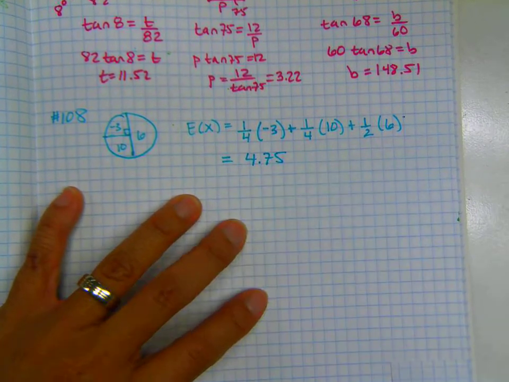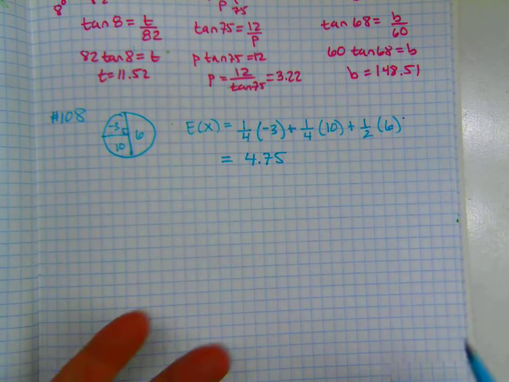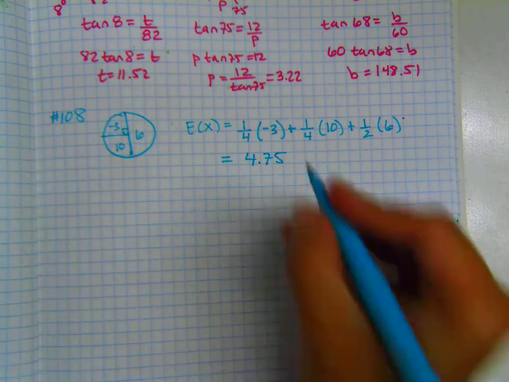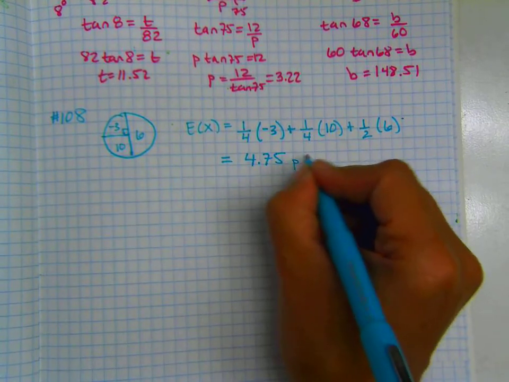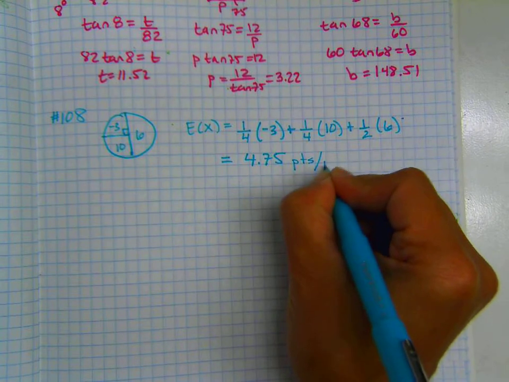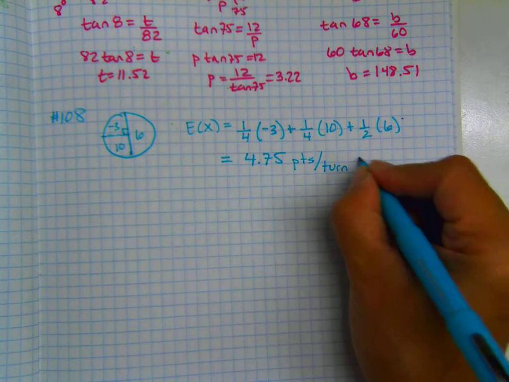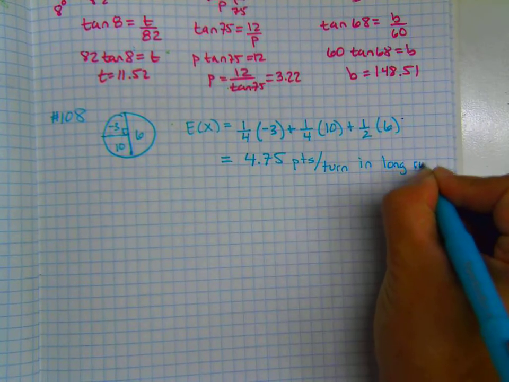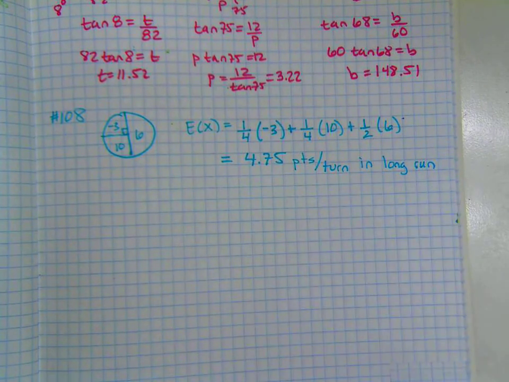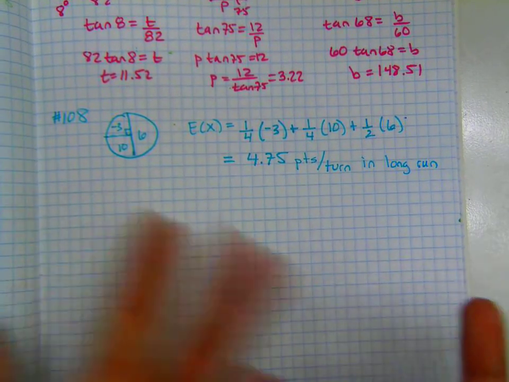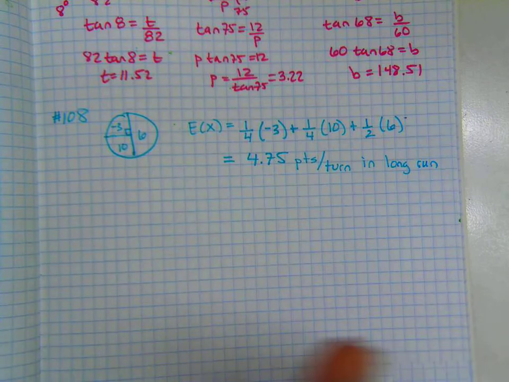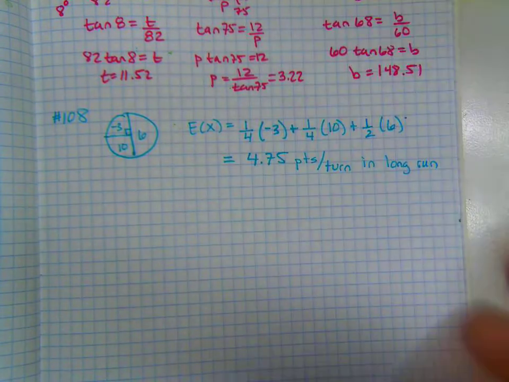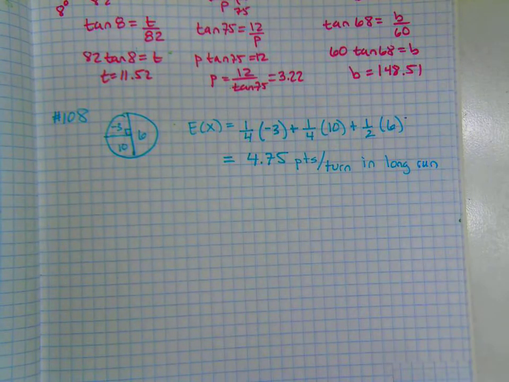So I would expect to get 4.75, I guess these are points maybe, 4.75 points per turn in the long run. And that's important because it's a long run average. It's not guaranteed. Obviously you can't get 4.75. There's not even a 4.75 on there. So that's it, assuming I played this over and over again.